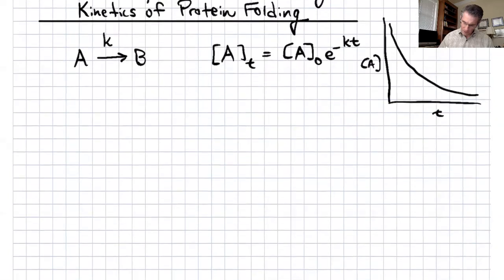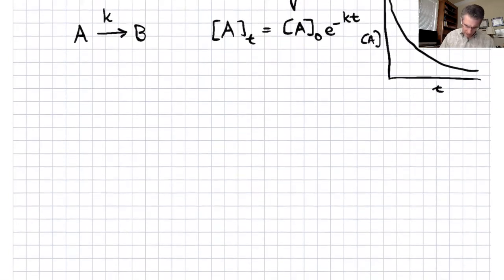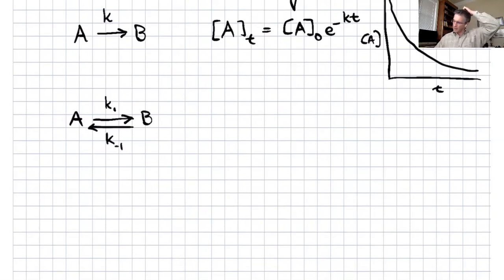So we talked about the case where A turns into B with this forward rate constant k sub 1, but we also potentially have to think about B turning back into A with this reverse rate constant k minus 1, right? So-called a reversible unimolecular process. But I sort of took an easy way out.